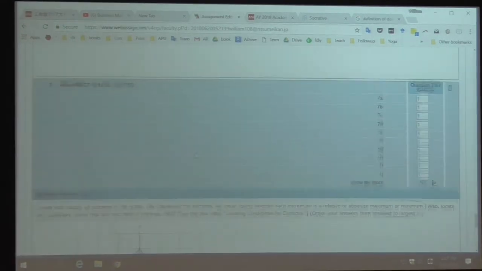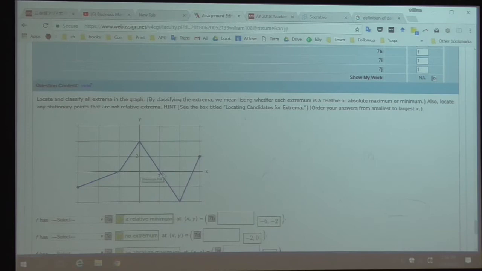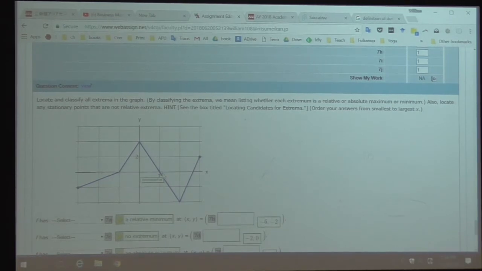Any questions about that? Okay, how about this one? Where is the absolute maximum for this graph? 0, right? By the way, this is also a local maximum, right?